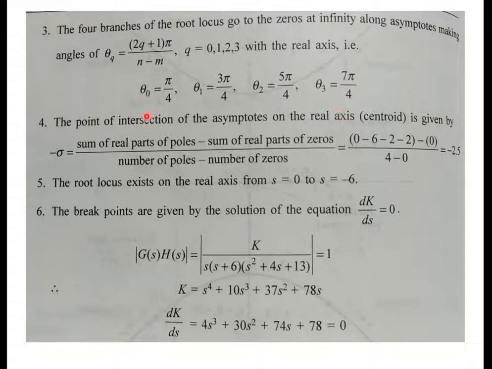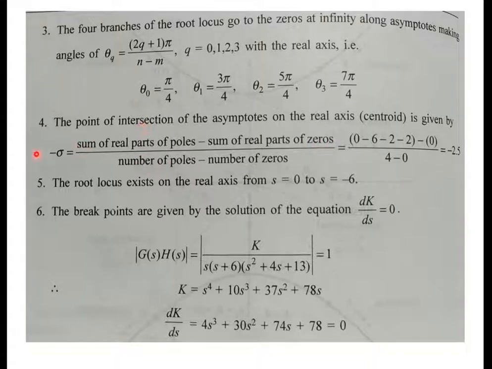So you will have these angles as 45 degrees, then 135, 225 and 315 in degrees, because you are drawing using a protractor and you use the angle in degrees only.